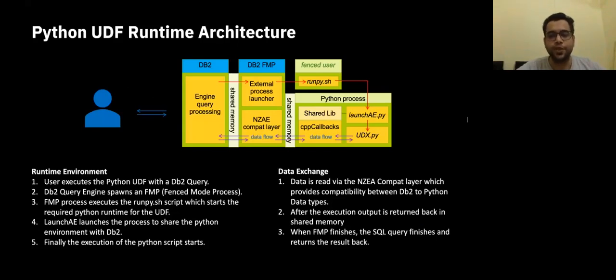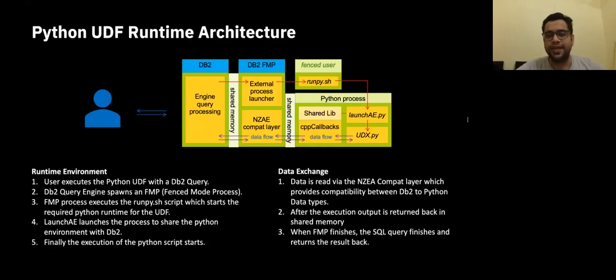The intent to show this is because it is important to note that to implement and execute your Python UDF, it is required to have Python installed on the Db2 servers, because those Python runtimes will be used to execute your Python scripts.